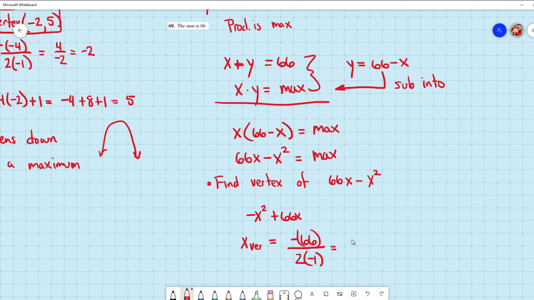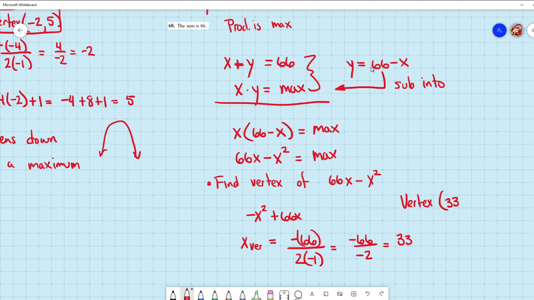So this is -66 over -2, which is a positive 33. So my vertex is at 33. That's where the highest point is.